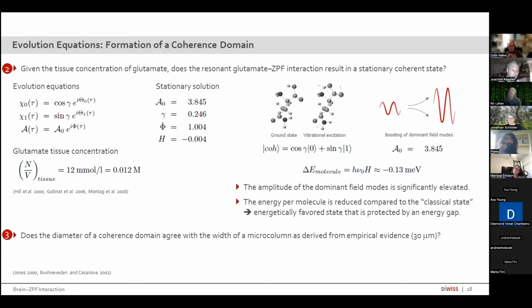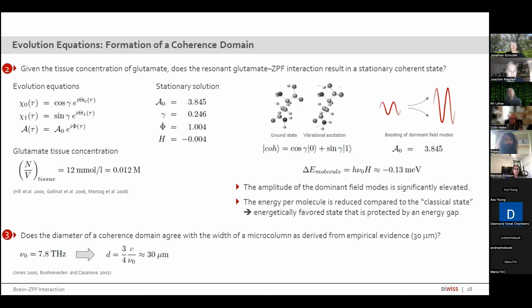So if coherence plays a role in the functioning of a microcolumn, we would expect that the calculated size of a coherence domain agrees with this empirically measured or derived size of 30 micrometers.